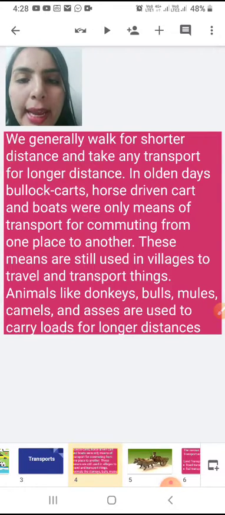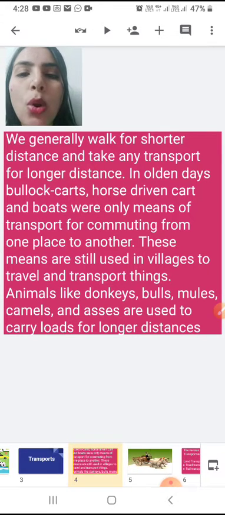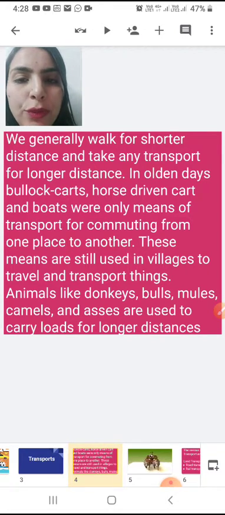We take any transport for the longer distance. Either we take a cycle or scooter, car, bus, train, auto rickshaw. These are the different kinds of transport which we travel by, or ships, boats.